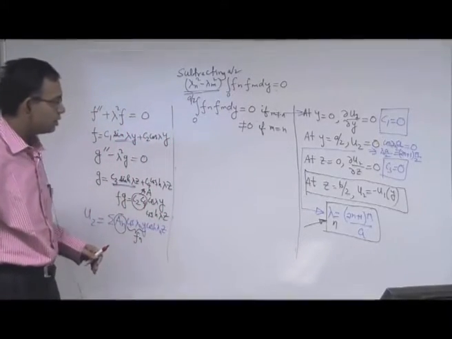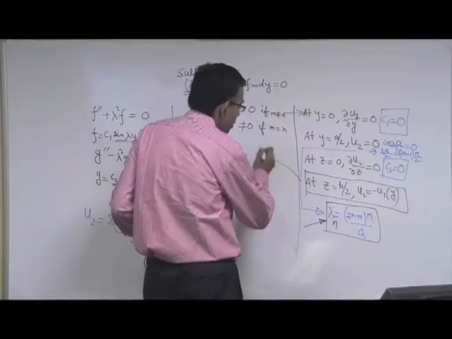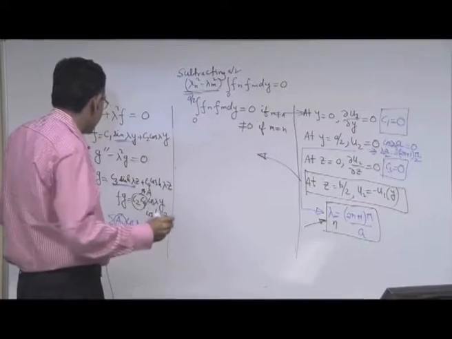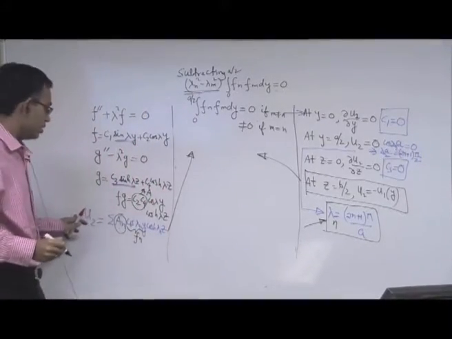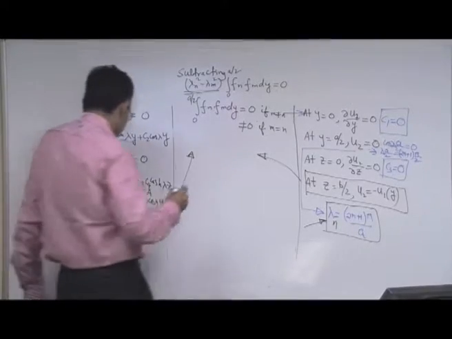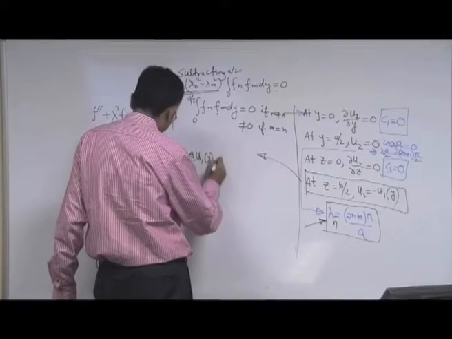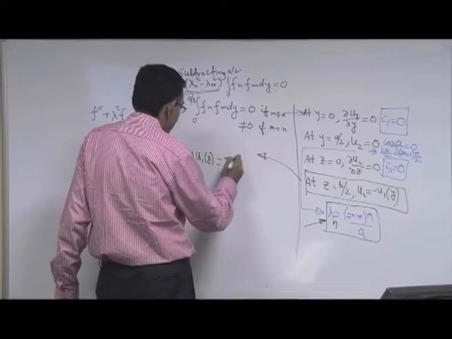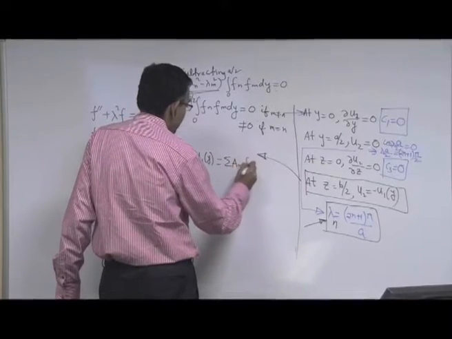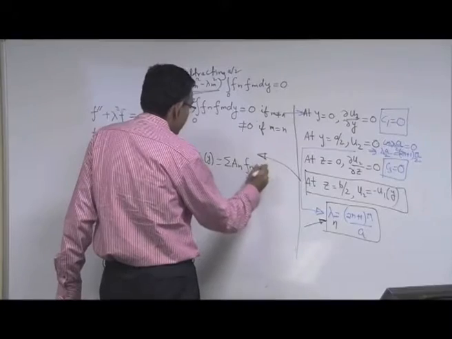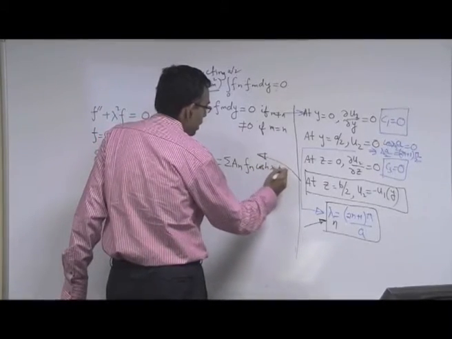So we apply, at z equal to b by 2, u2 is equal to minus u1. Basically, this equation you substitute: minus u1(y) is equal to the summation of an fn cosh(lambda n b by 2).